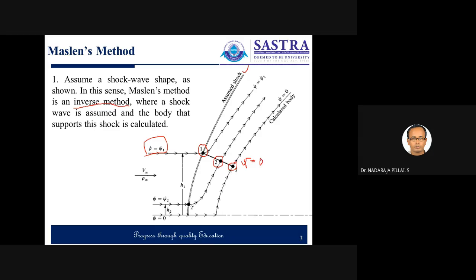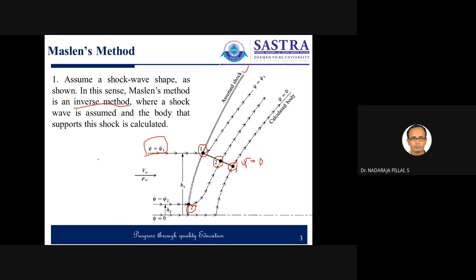Right? So we have psi equal to psi 1 here, and then at point 2, here it is 2 and here it is 2 dash. Right? 2 dash is a point on the shock.